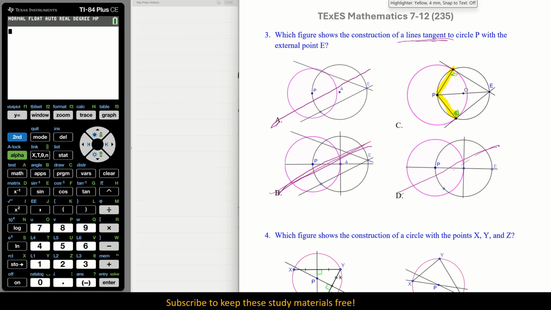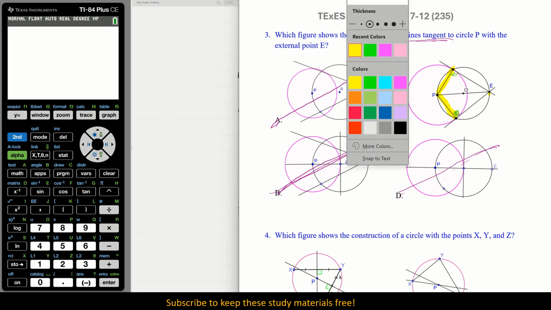Then I would have that and create my perpendicular lines. And then don't forget, it will actually be my ray, then my radius, and then my circle. And then my lines at the end going from E to the edge of the circle.